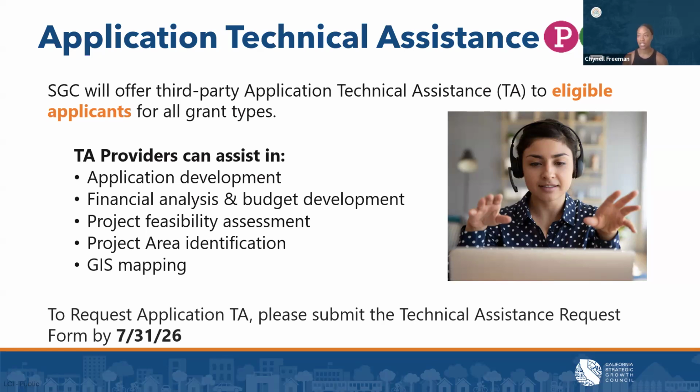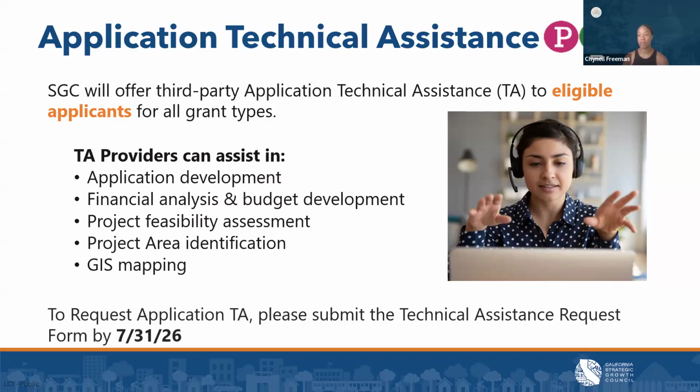Applicants interested in receiving third-party application technical assistance must submit the technical assistance request form by July 31st. Our staff will connect eligible applicants with TA on a rolling basis.